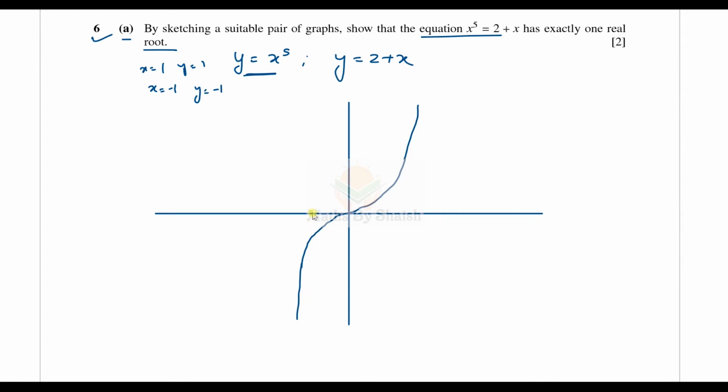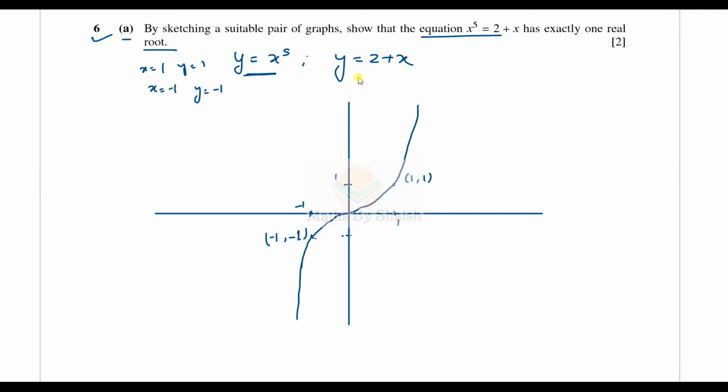Suppose this is -1, so this point is -1, -1 here. And if x is 1, y will also be 1. So this point is 1, 1.